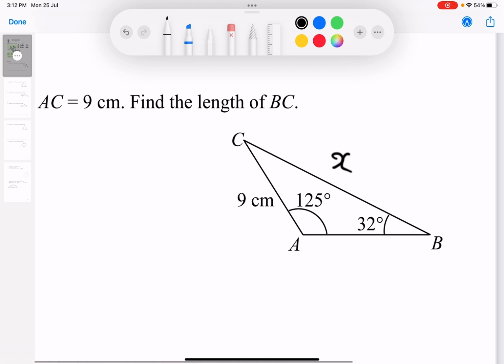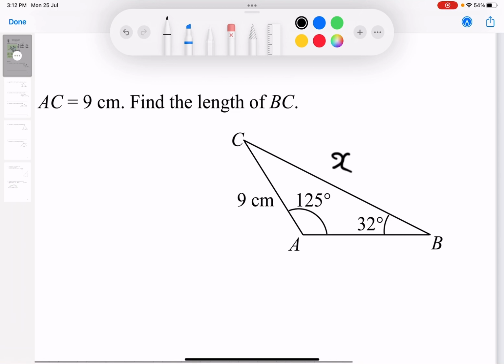Based on the sine rule, all I need to do is ask myself, what am I given? I'm given a side and 2 of the angles. That is the minimum requirement. I need to know 3 of the things over here. 1 side and 2 angles means I can use the sine rule. Now I'm just going to write down the series of relationships.